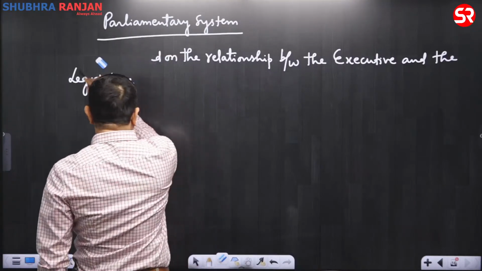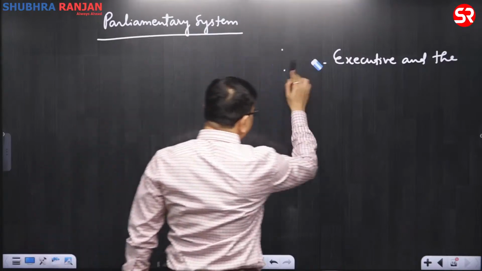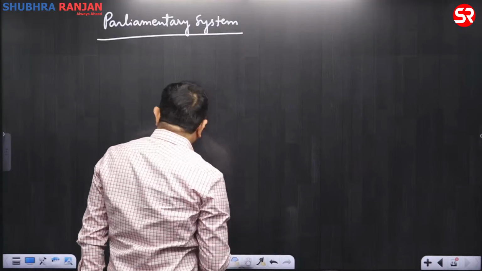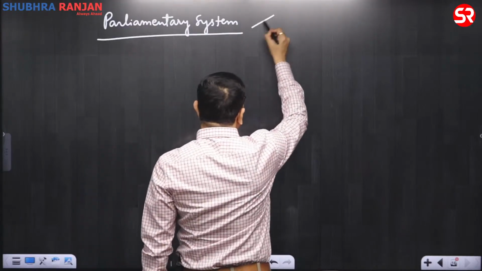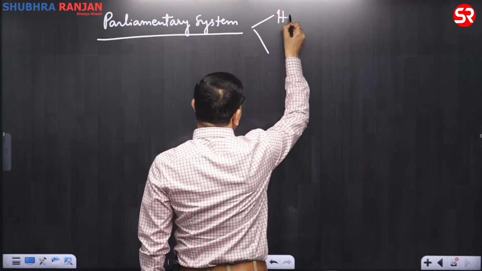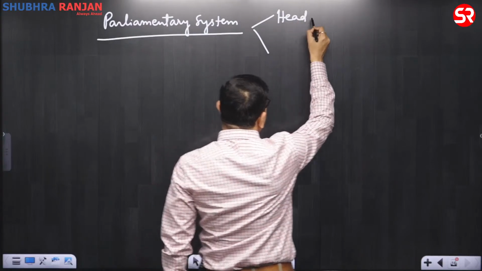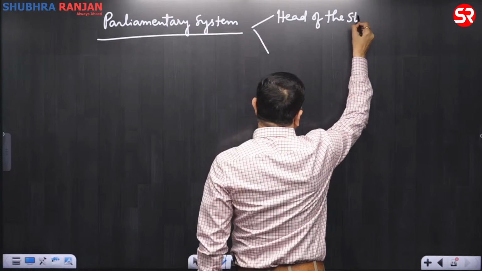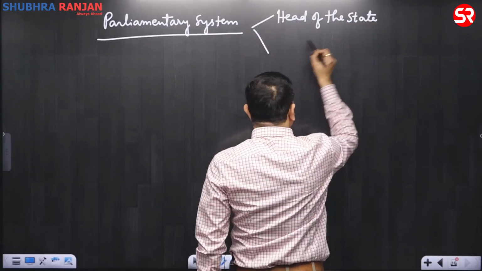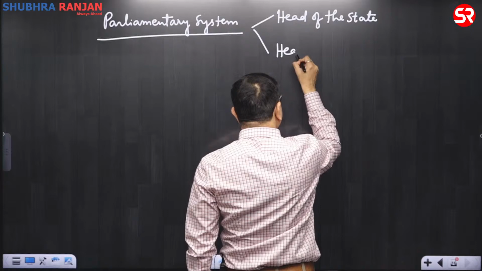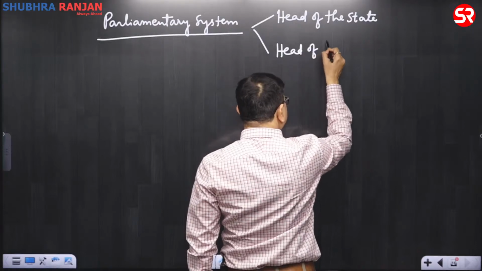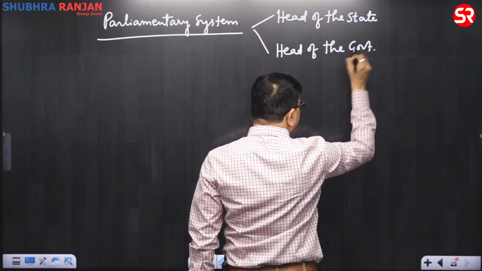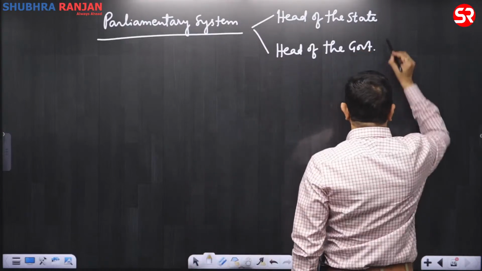First of all, coming to this parliamentary system. You see, in a parliamentary system, there are two heads: head of the state and head of the government.